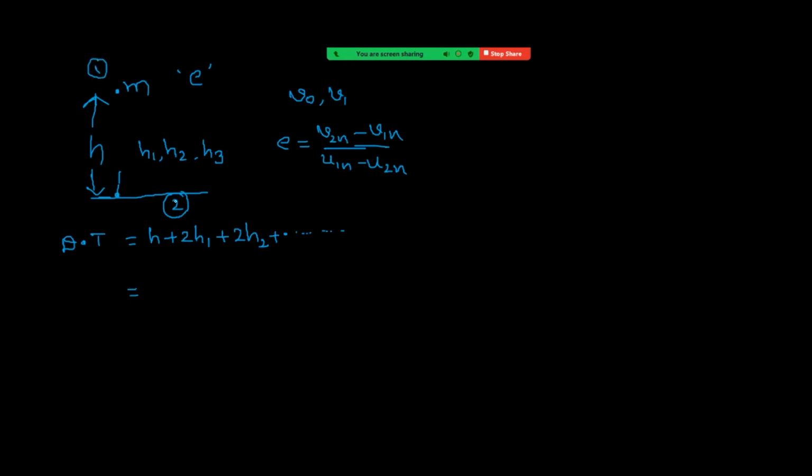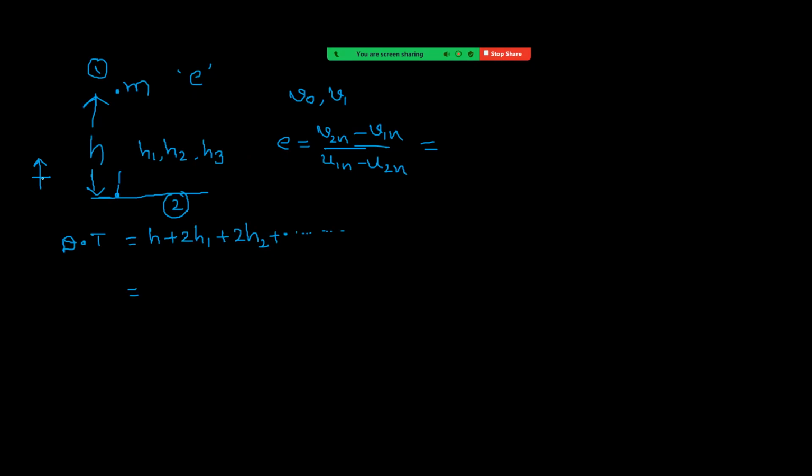That means for the second body, velocity is 0 before and after collision. Means v2n is 0, u2n is 0, right? Let us take up as positive. Then v naught will be negative because just before the first collision, the direction of velocity is downwards.